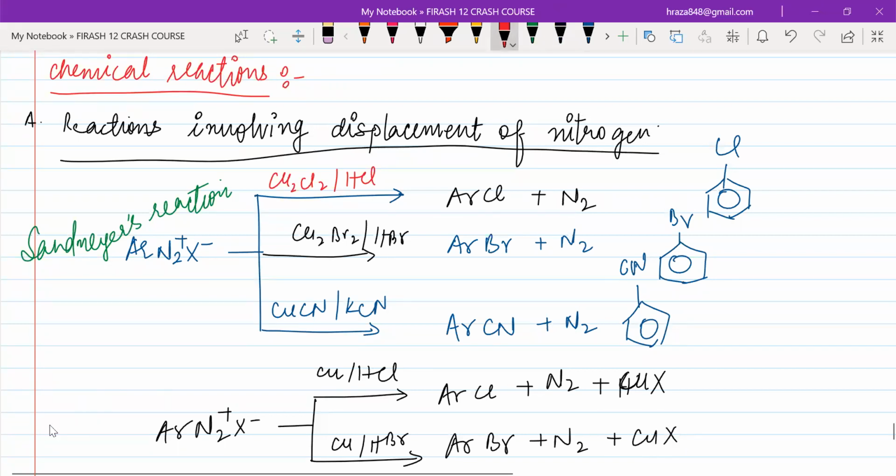This reaction is the Gattermann reaction. So these two reactions are quite important in this chapter.